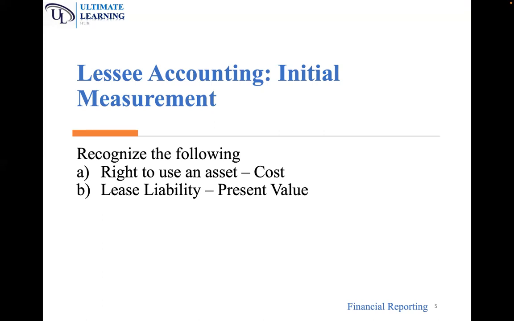That is what is called right to use of an asset, which is normally a non-current asset, and it is recognized at cost. Lease liability is recognized at present value.